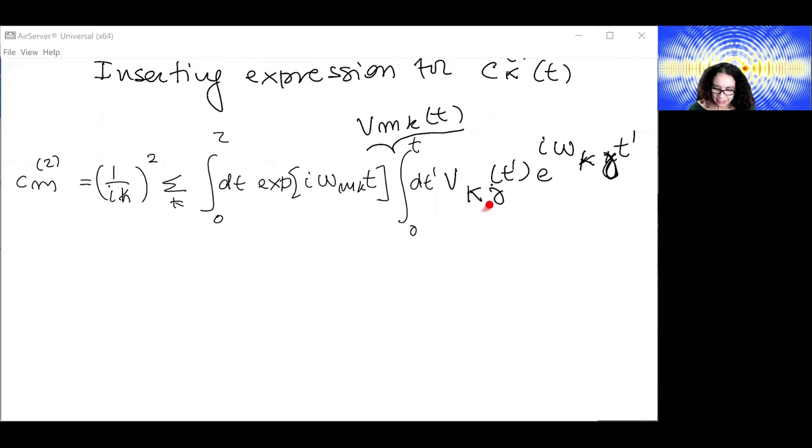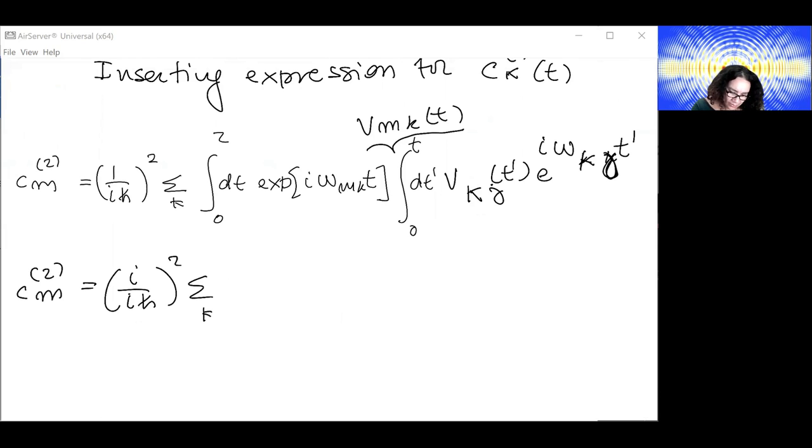So I have here K, I'm taking from J to K, and I end up with something that has a sum over these intermediate states K. So this is something that is quite nice.